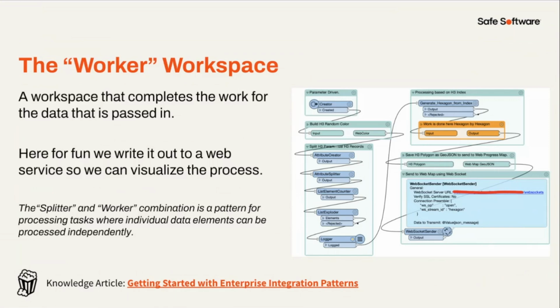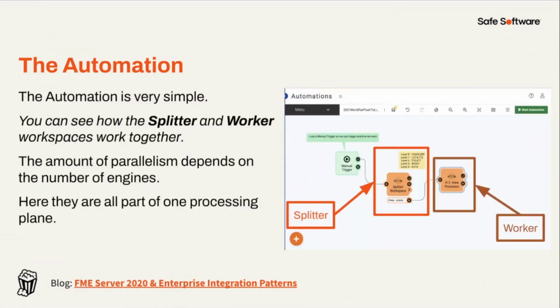The web socket there was just because we want to show it on a web front end. That was actually the bottleneck of the whole thing. It was not the FME Flow processing it. The web socket could not handle the amount of data, so we had to monkey around there. And here's the automation, right?